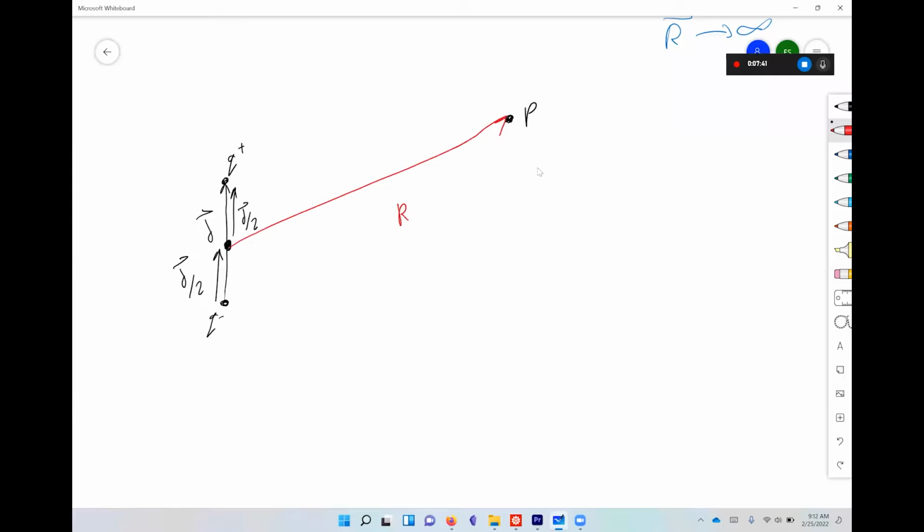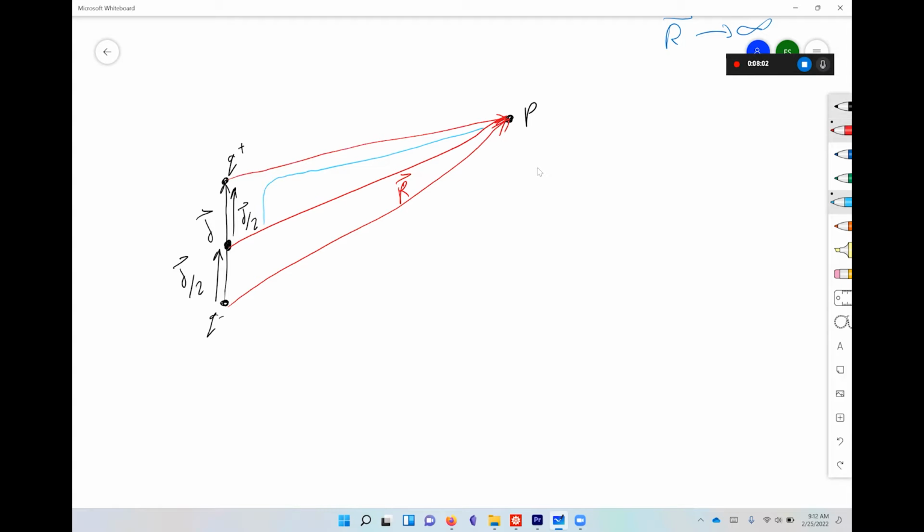R capital, and then what are the actual distances from the sides of the dipole? So this is a vector here, and this is a vector here, right? So this vector is clearly going this way.